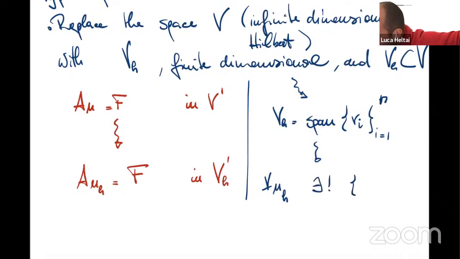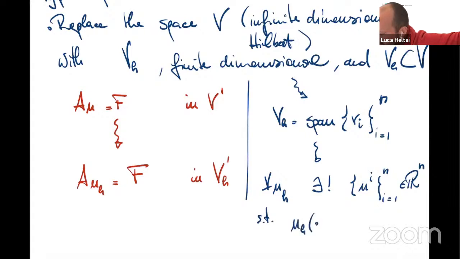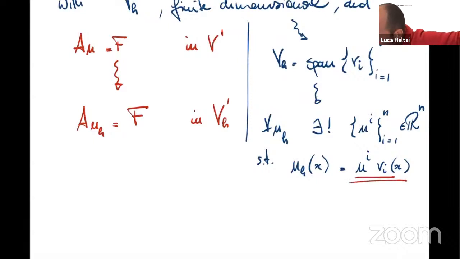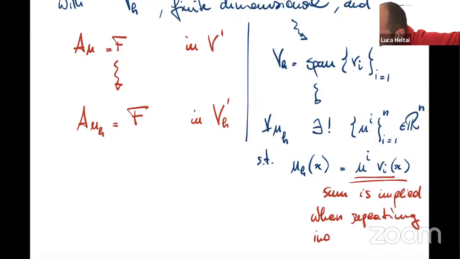There exists a unique vector UI for I that goes from 1 to n that belongs to Rn, such that UH evaluated at the point X can be written as UI VI of X, and here sum is implied when repeating indices in opposite positions.